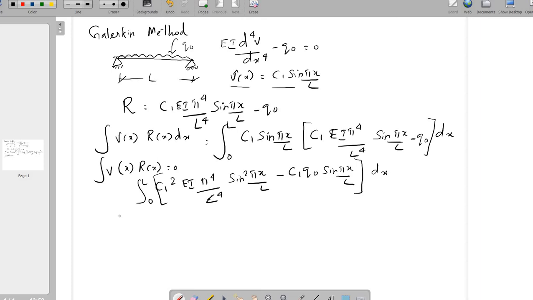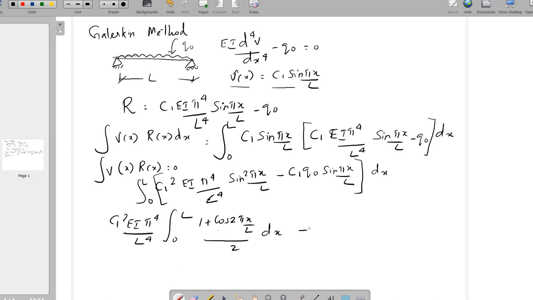So I am going to separate the constants for the first term, that is C1 square EI pi power 4 by L power 4 is the constant, 0 to L. I am expanding sine square pi x by L, which is equal to 1 plus cos 2 pi x by L, divided by 2, into dx.